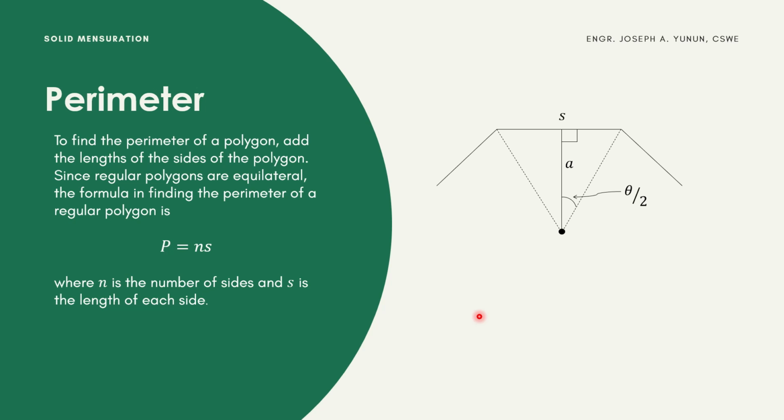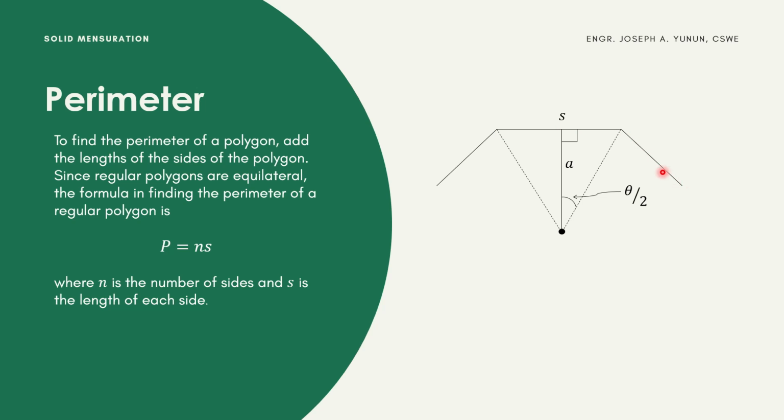So to find the perimeter of a regular polygon, add the lengths of the sides of the given polygon. So if this is a polygon with continuous sides here, you simply add all of those sides to get the perimeter. Since it is a regular polygon, all sides are equal.